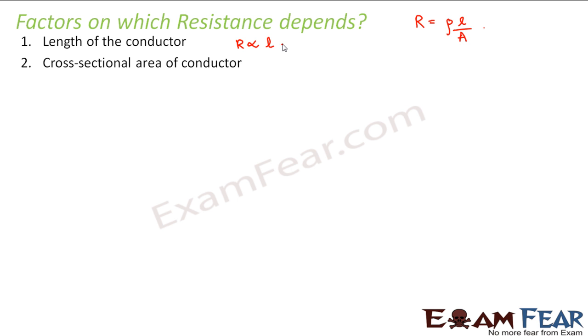The second factor is the cross-sectional area of the conductor. As we can see from the expression, R is inversely proportional to area. Logically also, if the cross-sectional area is increased, what happens? It is something like this. Let us suppose you have a road wide enough that only 3 cars can stand beside each other, right?